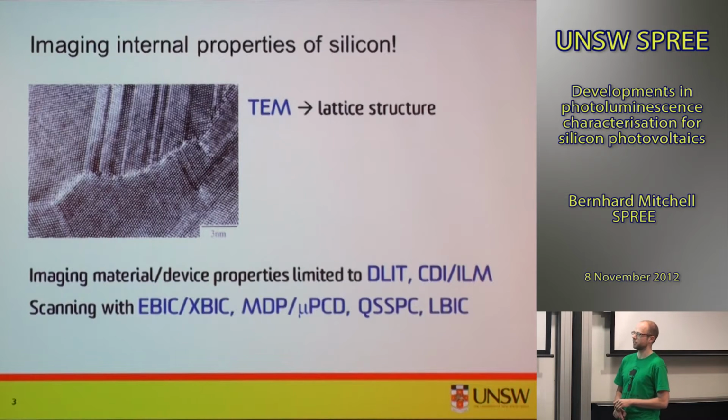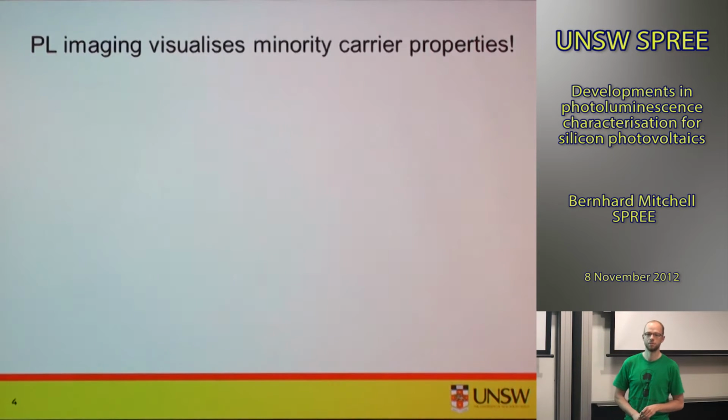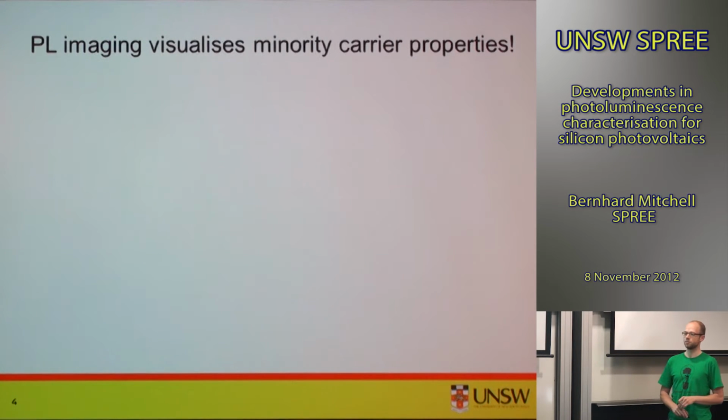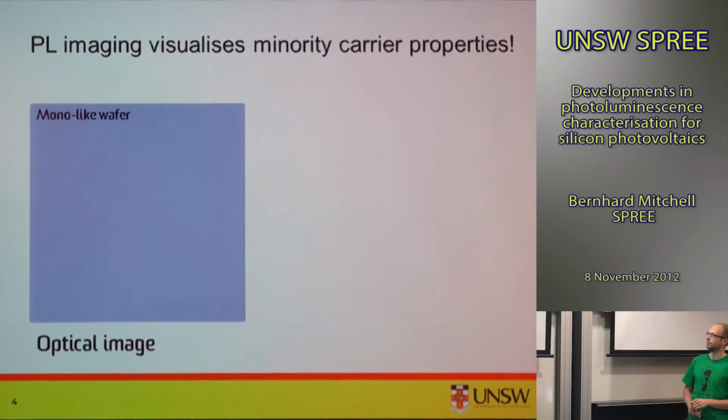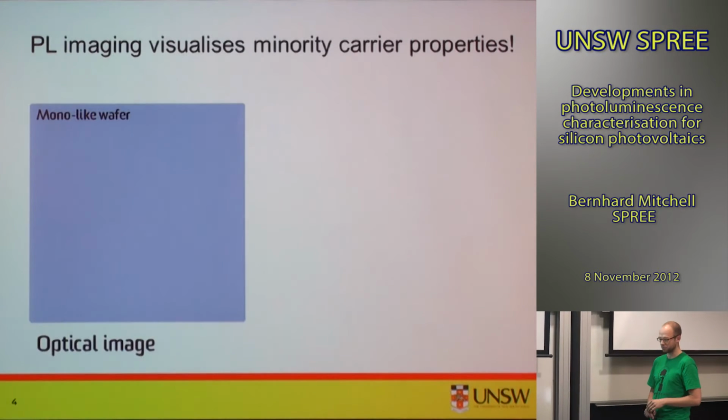And we can also scan by using EBIC or microwave photoconductance, quasi-steady-state photoconductance, or LBIC. But the ideal technique to image electronic properties, which means minority carrier properties, is PL imaging, and we combine that.